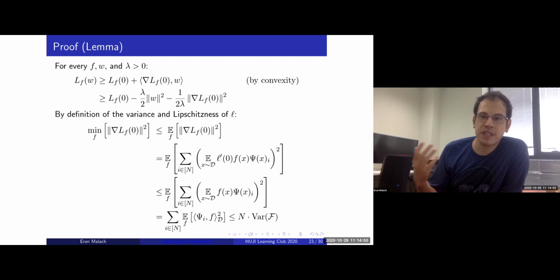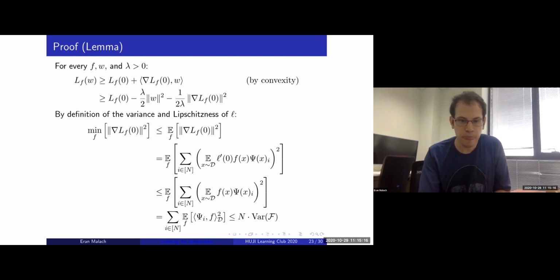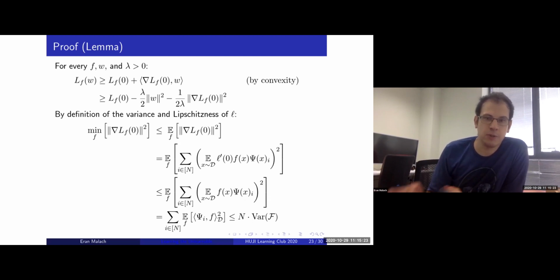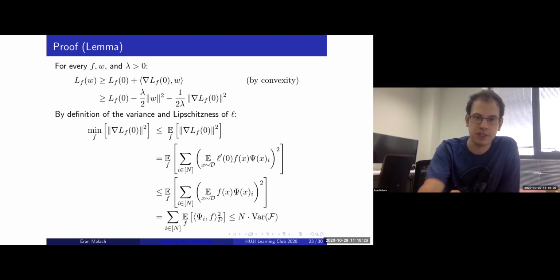And then we use the same tricks that we need for hardness of learnability to show that the norm of the gradient at the point of zero is going to be very, very small in this case. So we'll need either a very large number of features or a very large norm for the classifier to get something that is beyond trivial. So this is kind of the outline version. More details on this are actually also in the other paper with the HUJI. I'll give all the references.